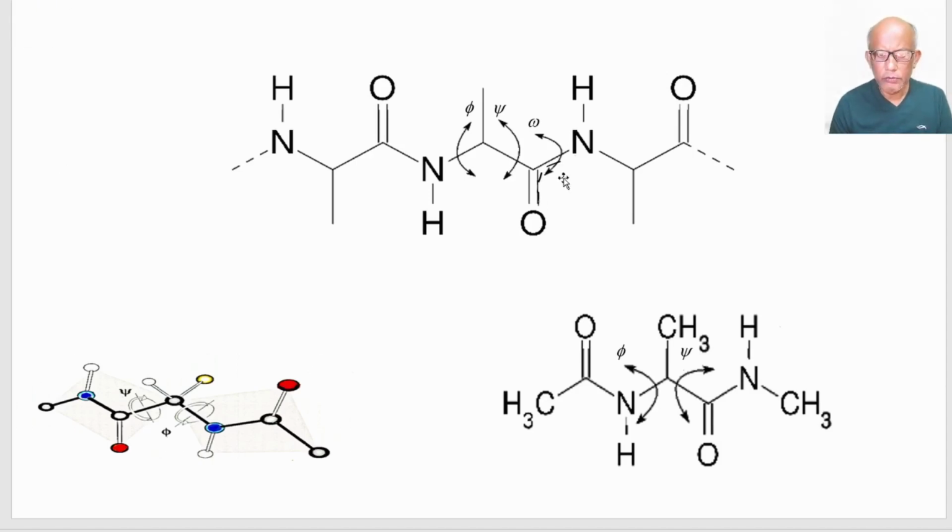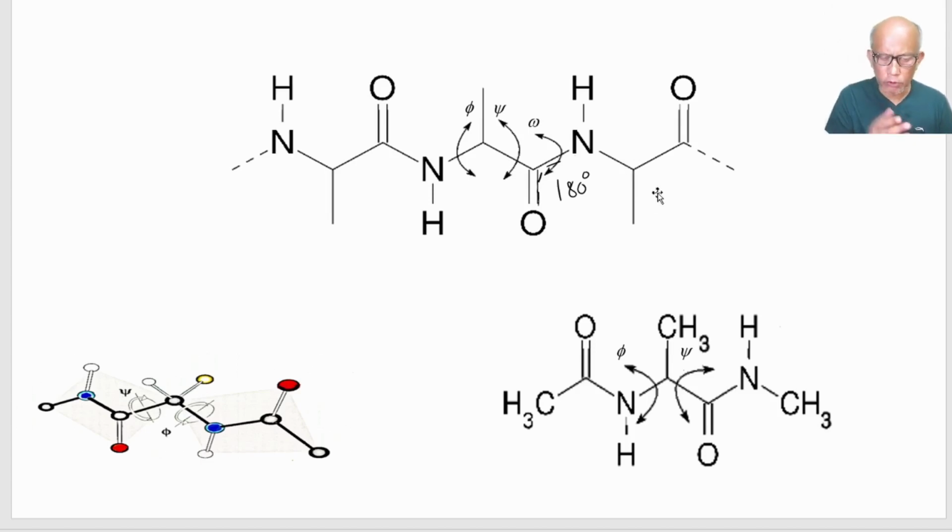Because of this, the peptide bond is held rigid, and it's generally in the trans conformation, so omega is around 180 degrees most of the time. Therefore, to a first approximation, the conformation of a peptide depends upon the two torsion angles, phi and psi, and there is one pair of phi and psi around every amino acid.